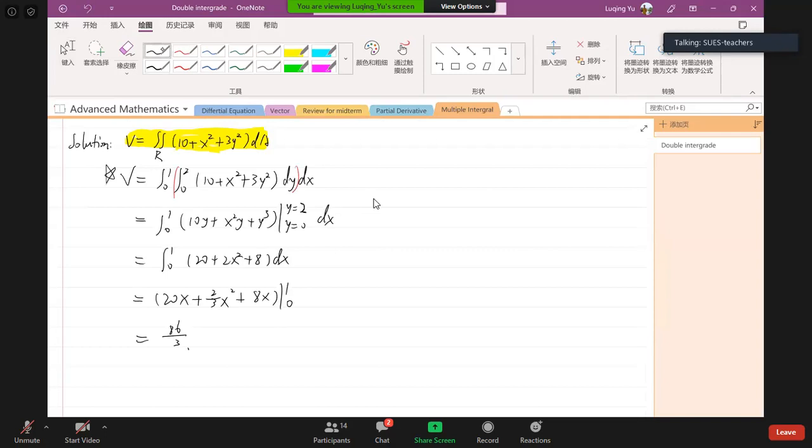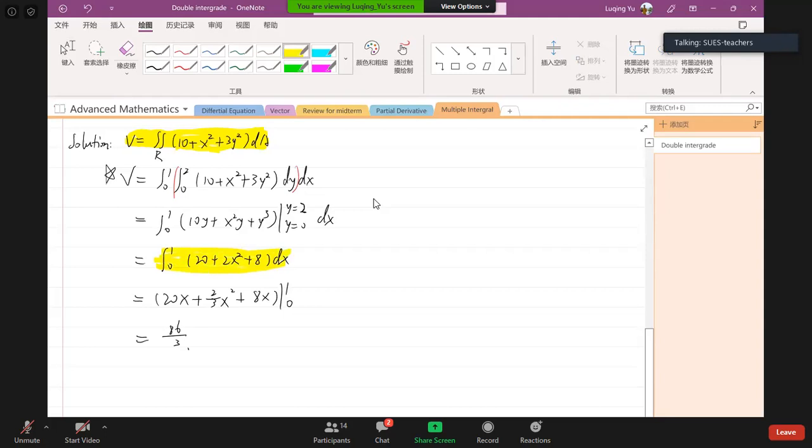As long as you know that when you are integrating y, you should treat x as a constant. When you do the integration, x is just a constant, and then you know how to do it, and you go through these steps. Then x is not a constant anymore, x is a variable, and then you integrate on x.